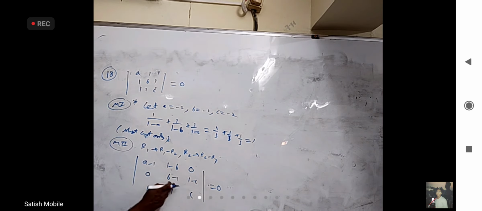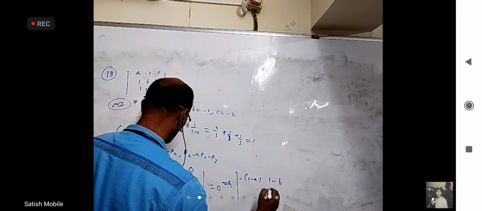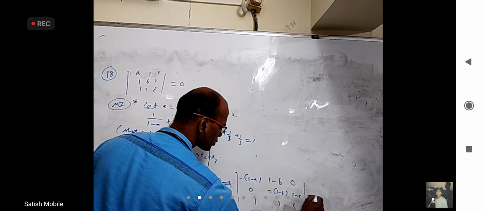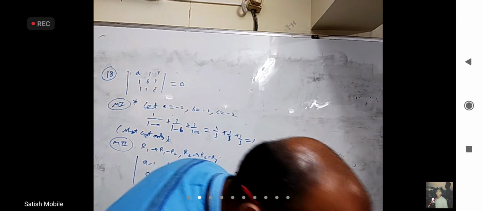Let me write even before that. This has minus of 1 minus A, this is 1 minus B, this is 0. This is 0, minus of 1 minus B, 1 minus C, and 1, 1, C equal to 0. Can you see there? Yes. 1, 1 and C.